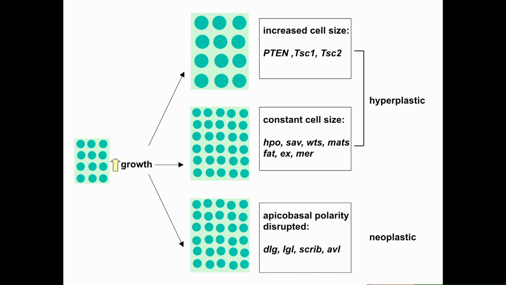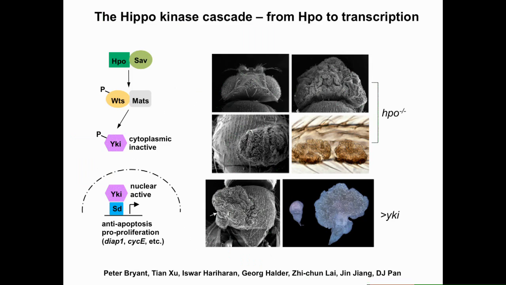So the Hippo pathway was really defined by 4 tumor suppressor genes, which were discovered by a number of labs. These 4 tumor suppressor genes encode a protein kinase cascade, in which these 4 tumor suppressors, Hippo, Salvador, Warts and Mats, work together in a kinase cascade, which really functions through the phosphorylation of a key transcriptional co-activator called Yorkie.